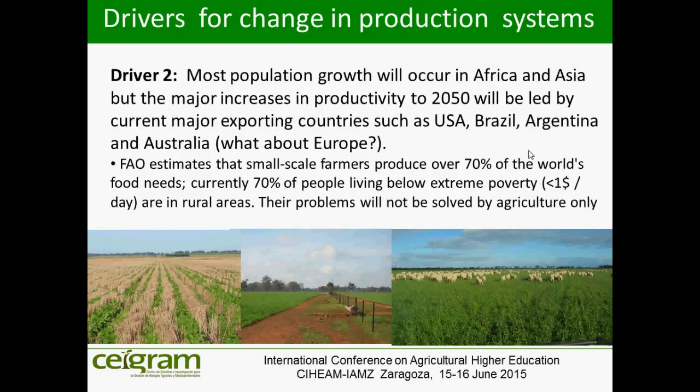We are aware that the small-scale farmers produce 70% of the world food needs, and also we are aware of 70% of the people living below extreme poverty are in rural areas. We don't think that these poor farmers will survive with agriculture, or with agriculture only.